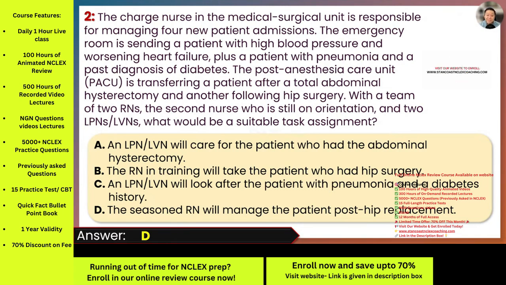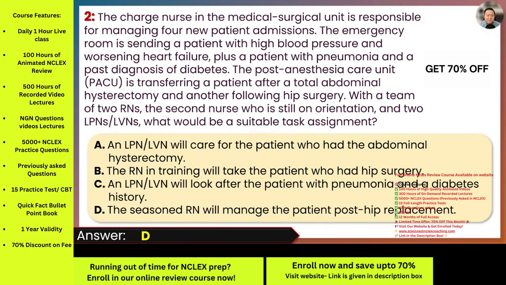The LPNs can assist with routine care, dressing changes, vital signs checking, and medication administration under RN supervision, but they cannot be responsible for high-risk surgical patients. So the bottom line here is that LVNs, LPNs should not be assigned to unstable, fresh post-op patients, because they lack the training for complex assessments.